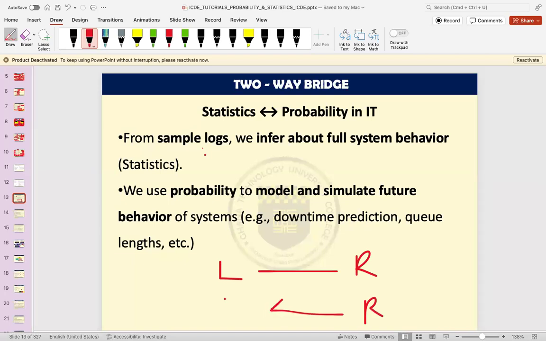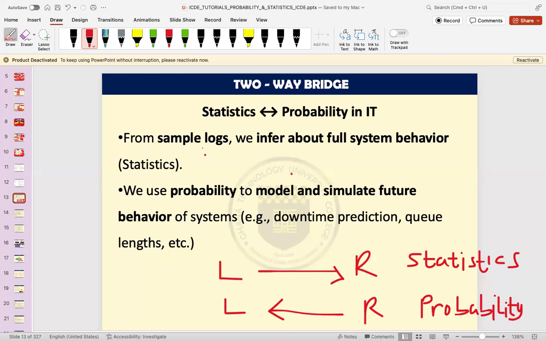When the movement is from left to right, it means we use the bridge of statistics to operate. When the movement is from right to left, it means we use the tool of probability to work. And why do we need all this?